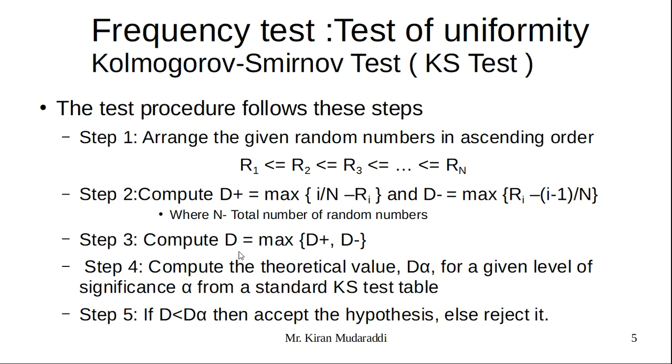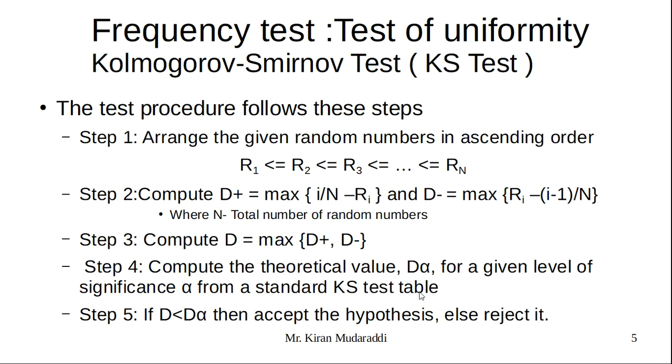Step 3 is to compute D. D is the maximum of what we computed in step 2, D plus or D minus. Among these two, whichever is maximum, we consider as D. Then compute the theoretical value D alpha for a given level of significance, alpha, from a standard KS test table given by the two mathematicians, Kolmogorov and Smirnov.